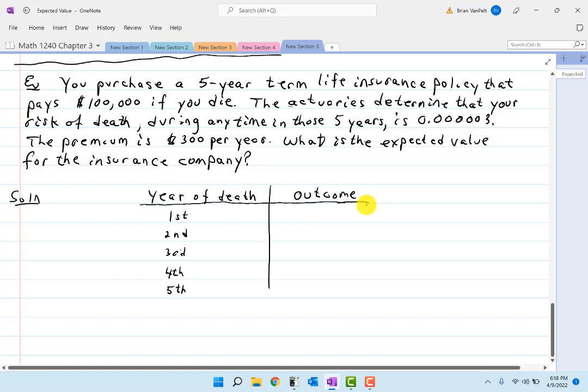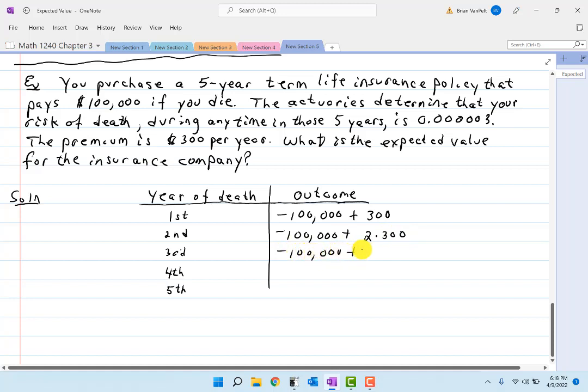If you die during the first year, they have to pay out $100,000, but at the beginning of the year, they collected the premium of $300. So at least they got that going. If you die any time during the second year, they still have to pay out the $100,000, but this time they were able to collect 2 years worth of premiums from you. Next, the same thing for 3 years.